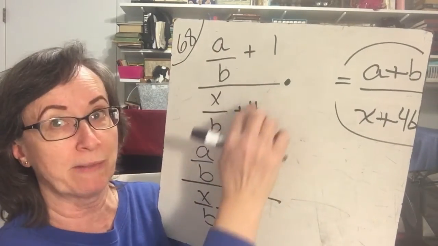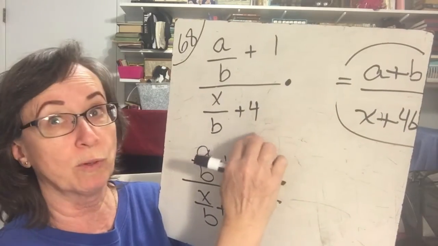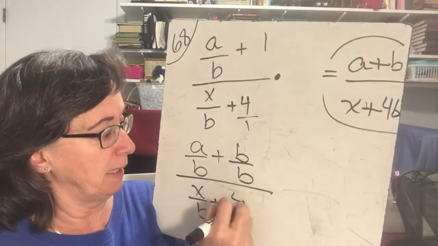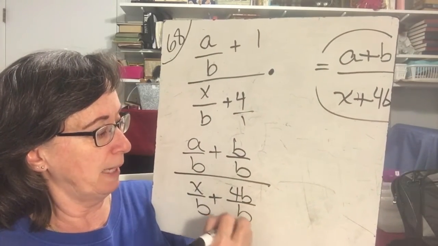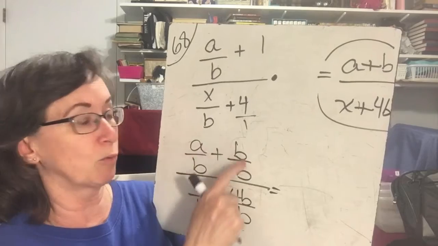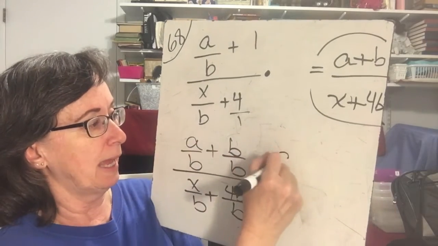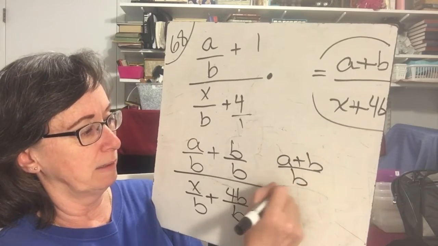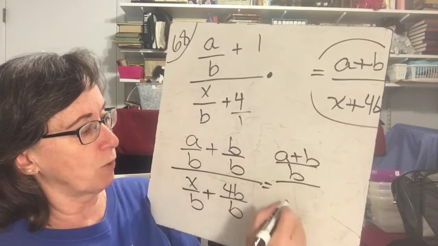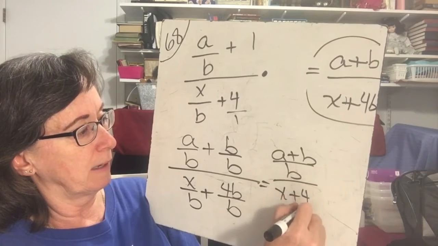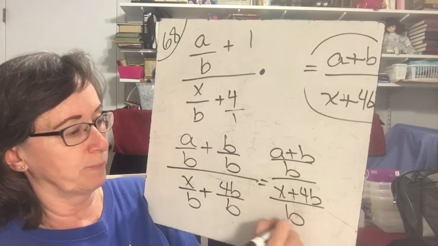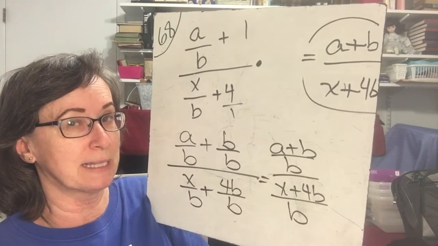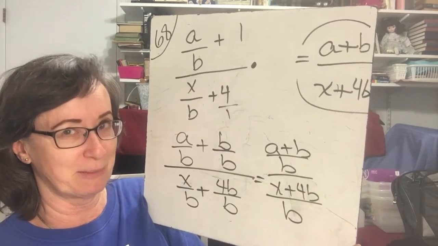So what if I multiply the top and the bottom, 4 over 1, by B over B, and get 4B over B. So now I'm going to write this as one term, A plus B over B divided by X plus 4B over B.